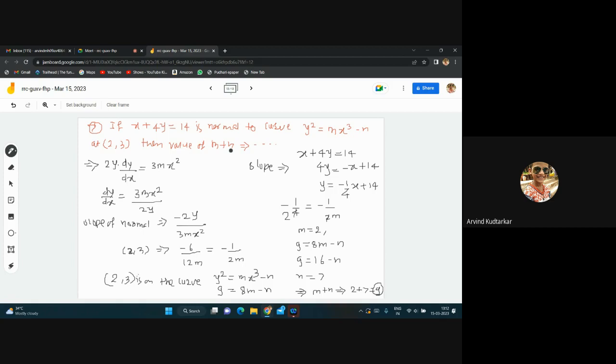They ask only to find the sum of the constants, that is m plus n. How can we find the values of the constants? First you have to take these two lines: x plus 4y is equal to 14 is normal to the curve y square is equal to m x cube minus n. For this curve, what do we do? Find the slope. The slope that we found is the slope of the tangent. So how to get the slope of normal? It is minus 1 by slope of tangent. And what is minus 1 by slope of tangent? It means minus 1 divided by 3m x square upon 2y.